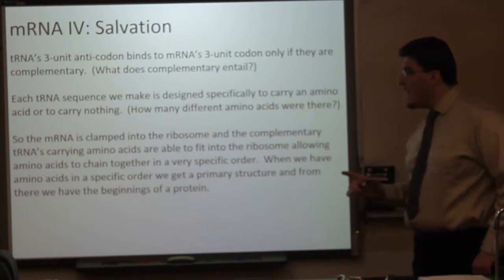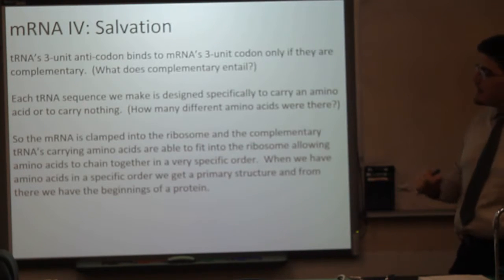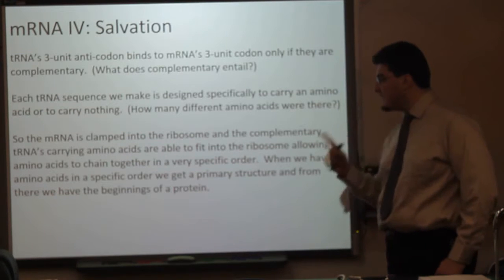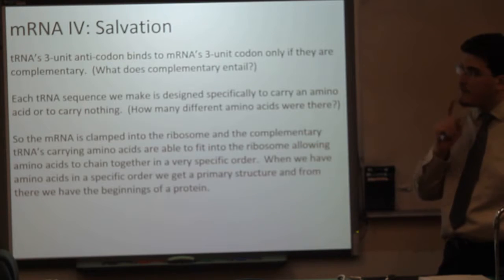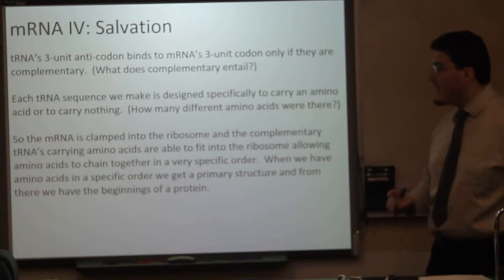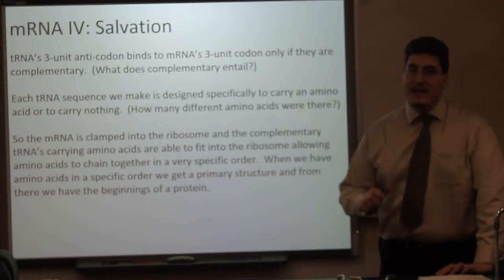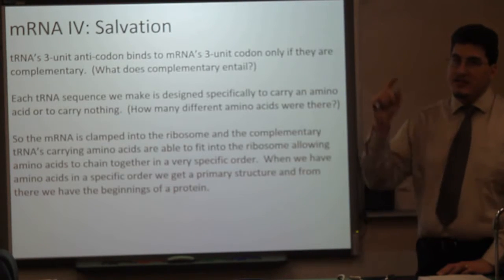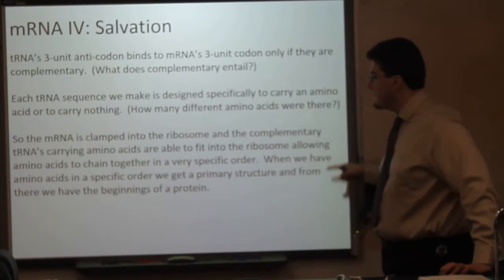So, the mRNA is clamped to a ribosome, and the complementary tRNA carrying an amino acid is able to fit into the ribosome, allowing amino acids to chain together in a very specific order. When we have amino acids in a specific order, we have the primary structure. From there, we have the beginnings of a protein, the sequence of amino acids in a single polypeptide chain.